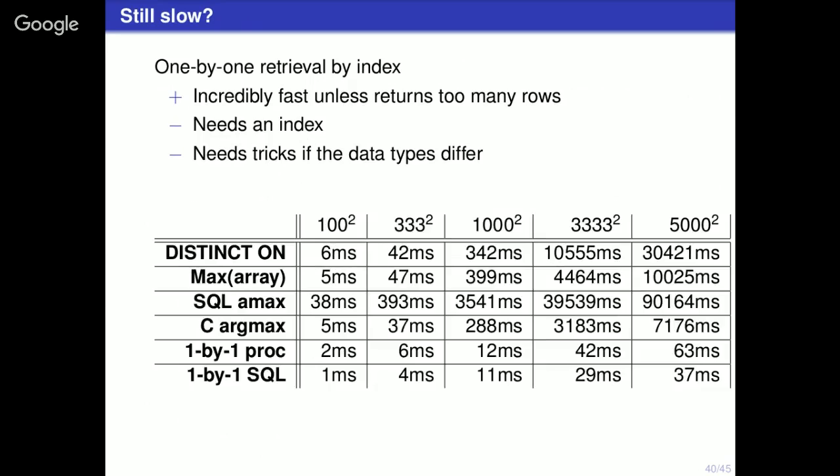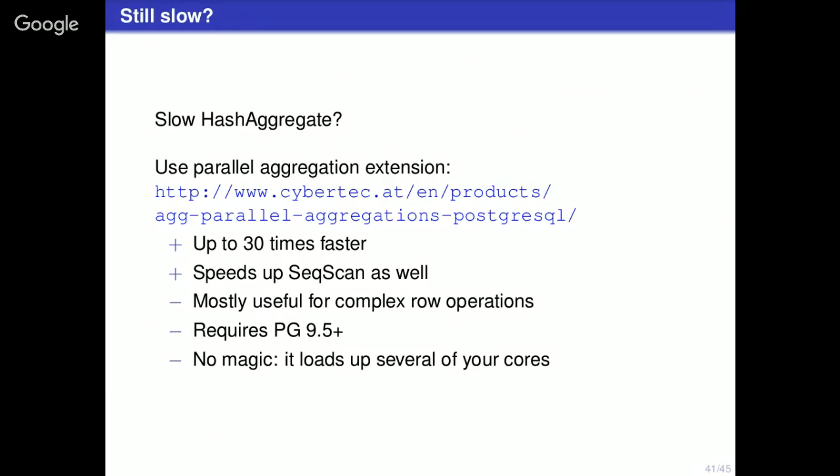And this is the overall benchmarks for several solutions for ArgMax. What to do if your hash aggregation is still slow? There is an additional module for PostgreSQL 9.5 that supports parallel aggregation. No magic.